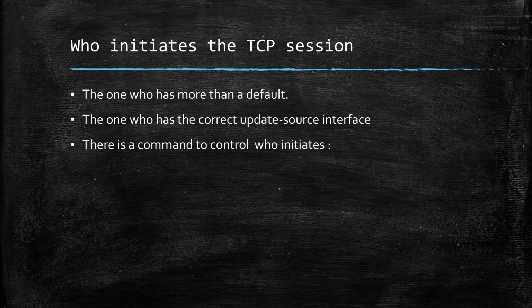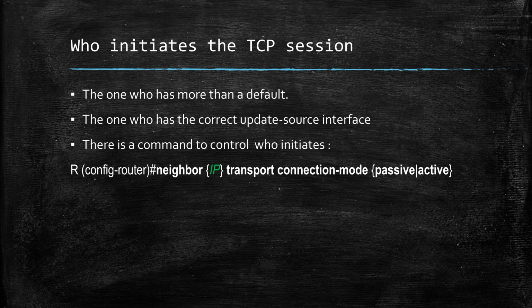There is also a command to control who's the initiator and who's the passive router. You specify a neighbor and then you add the keywords transport connection mode. Passive means that it will only wait for the other peer to initiate, and active means that it will be the initiator.